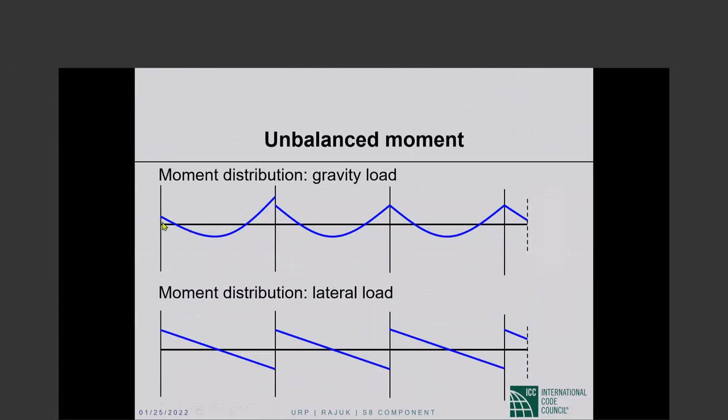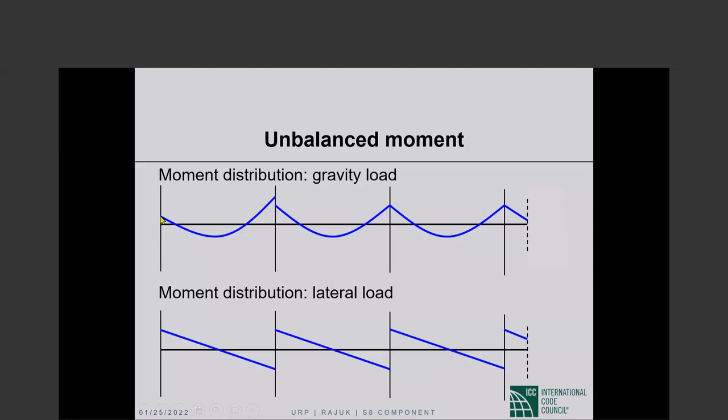This is what we just discussed. The blue lines, well, first of all, we have here a slab strip, a design strip of a slab as discussed yesterday, continuous over several columns. And the slab is subject to gravity only. The blue lines show us the bending moment diagram.